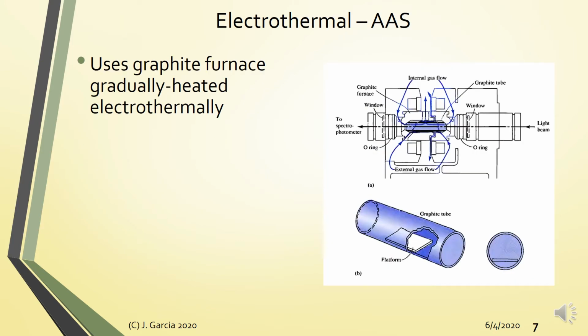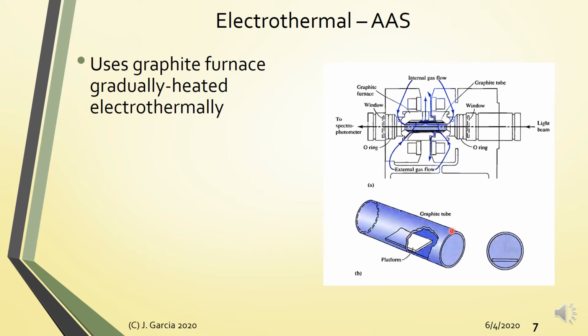Shown here is another common atomizer for your AAS system. You call this your electrothermal atomizer, or also called your graphite furnace. The graphite furnace shown here is actually a tube that is electrothermally heated. Remember that graphite is electrically conducting.